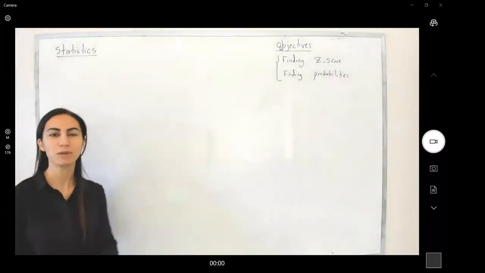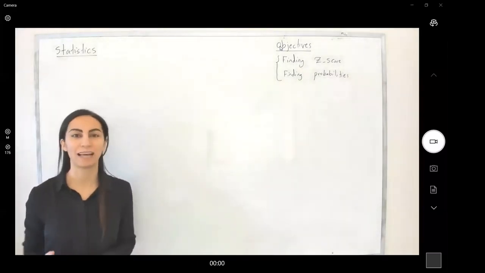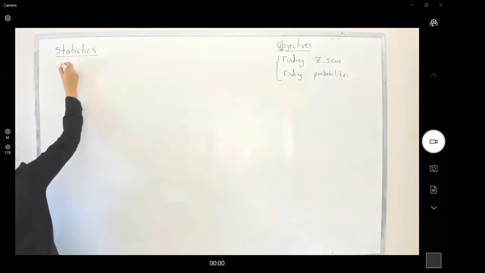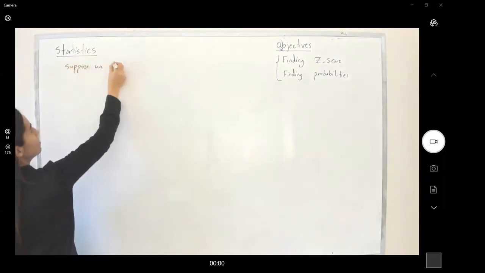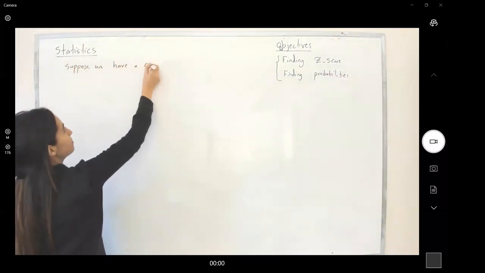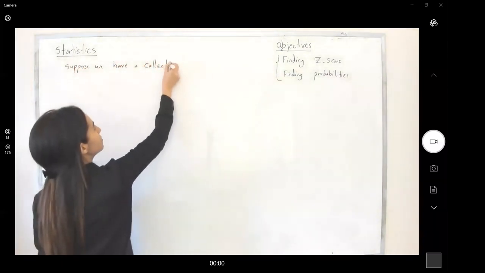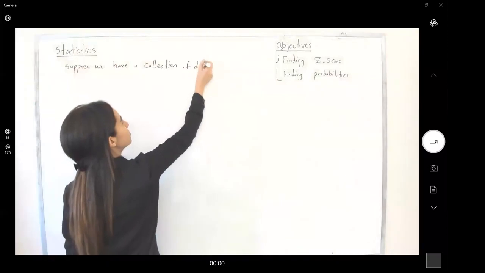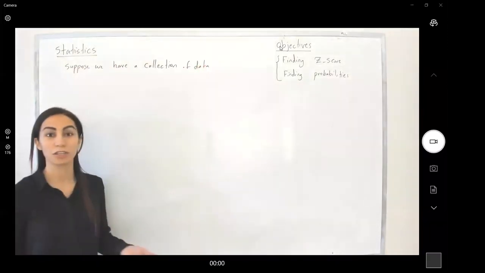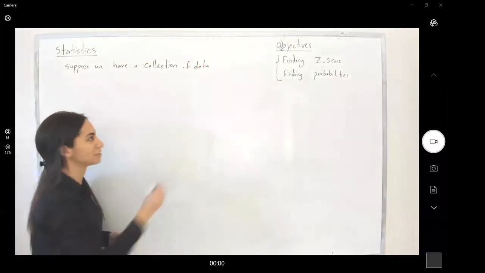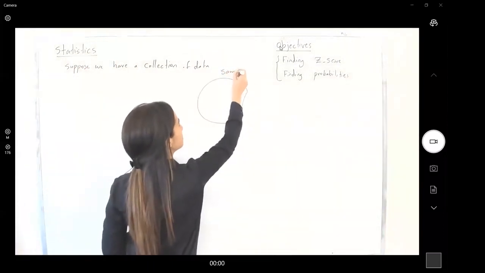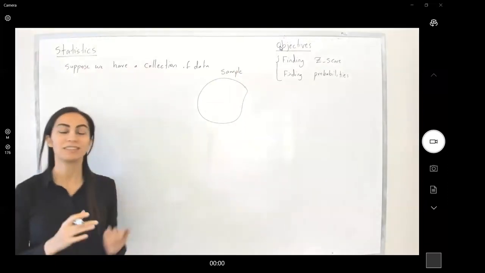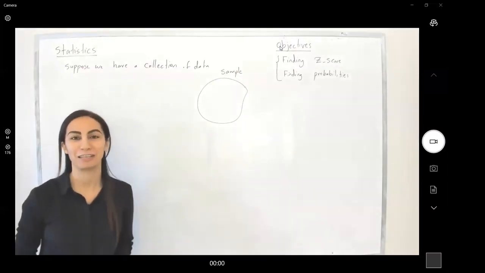Well, suppose you have a collection of data. You're the statistician and you collected the data. This is your sample, and in this sample, you have x values.